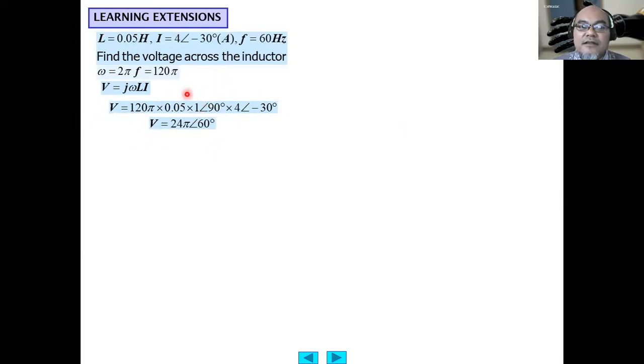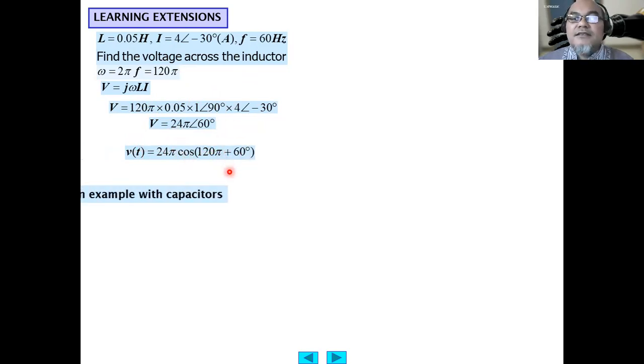The magnitude becomes this value times 4. 4 times 0.05 is 0.2. 0.2 times 120 is 24. So 24 pi with an angle of 90 minus 30, 60 degrees. And if we want to express it in sinusoidal function, this becomes 24 pi, the magnitude, cosine(120 pi t + 60 degrees).